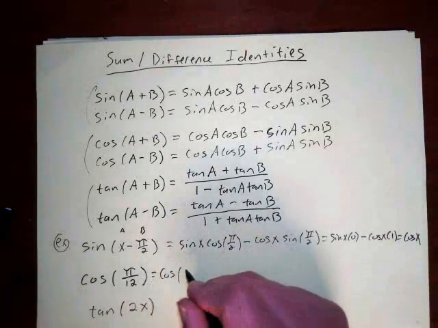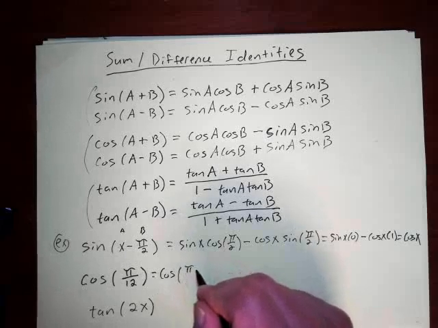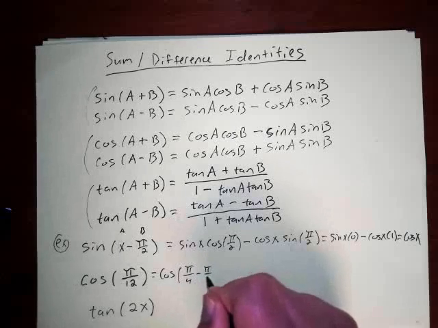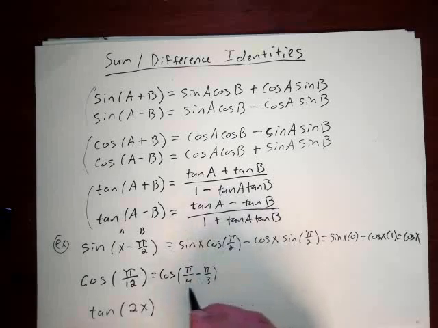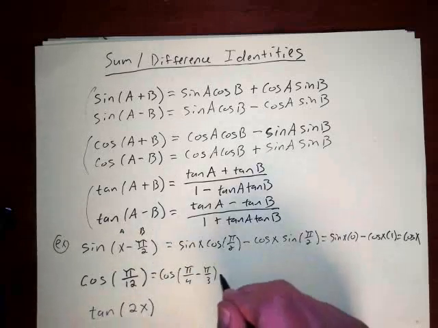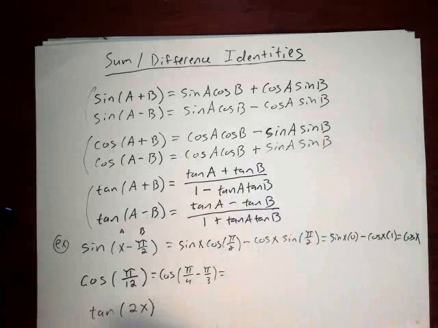But to do that in terms of radians, that would be taking pi over 4 minus pi over 3. So if you combine these over a common denominator, you will get pi over 12. Well, what I can do now is use the sum and difference identities on this.